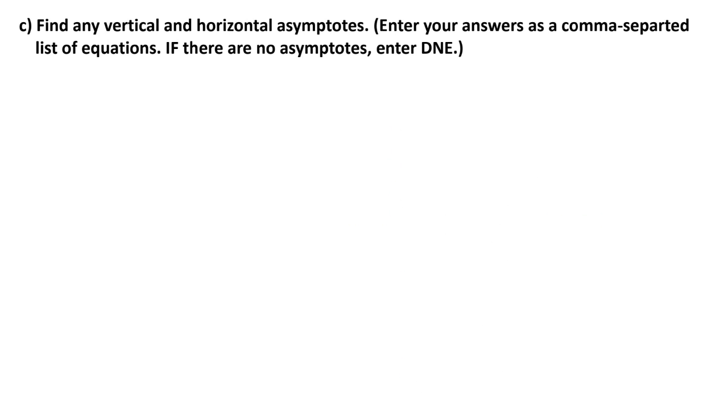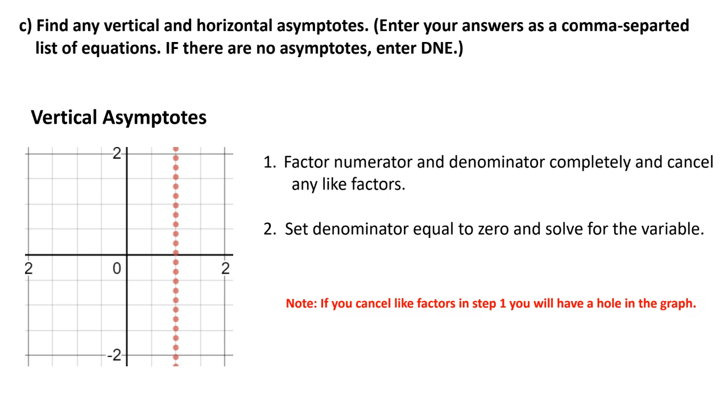Now we need to see if this function has any vertical or horizontal asymptotes. Let's look at the vertical asymptotes first. Remember that vertical asymptotes have to do with any x value that will make our function not exist.